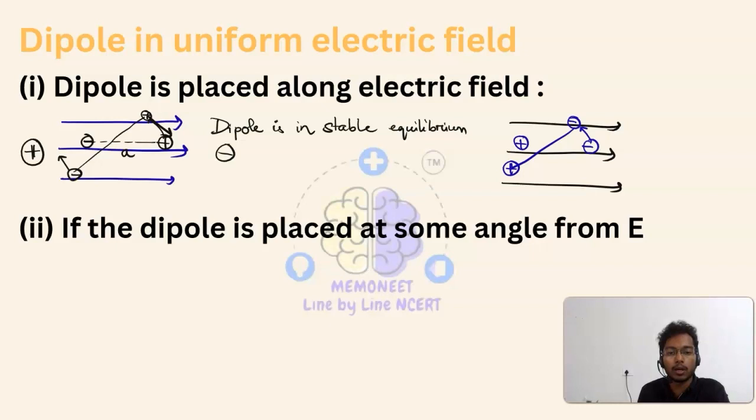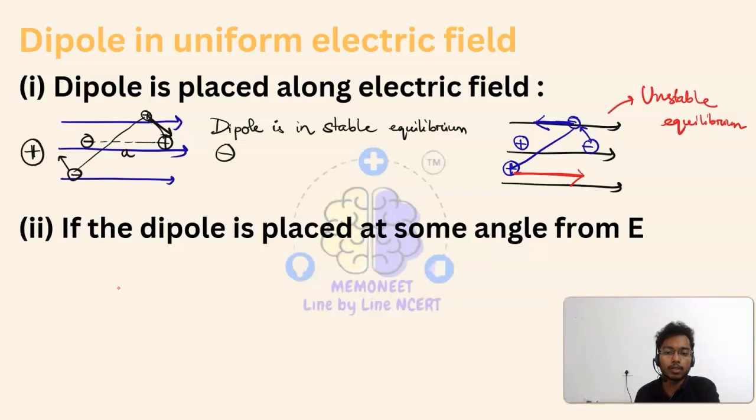The force on the negative charge will be in this direction, and the force on the positive charge in this direction. So on small displacement the system will rotate, so it is in unstable equilibrium, as it doesn't come back to its original position.